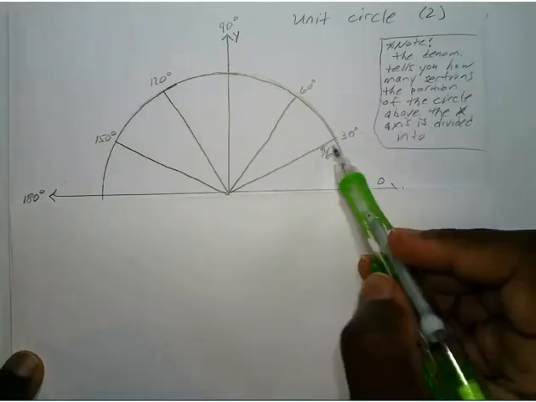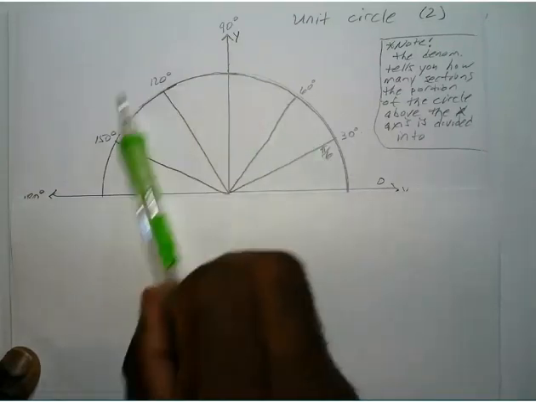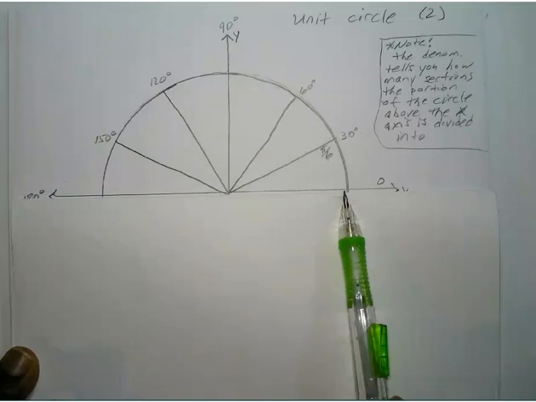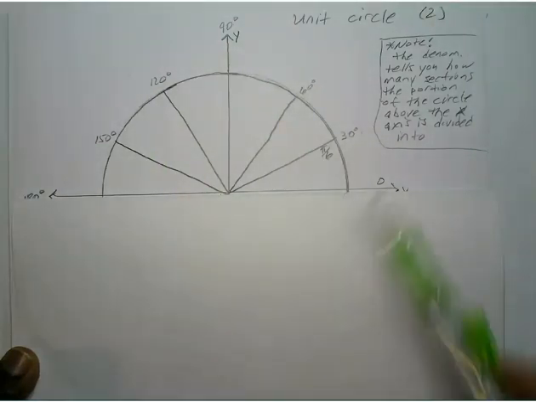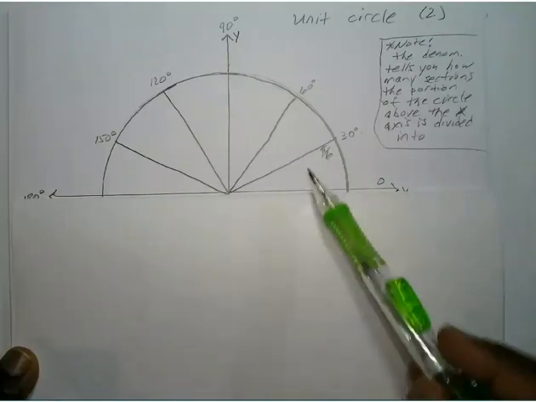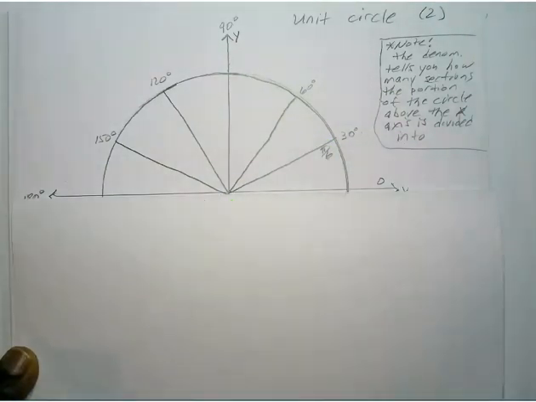If you had pi over 12, then above the x-axis it's divided into 12 sections. If you had pi over 8, it would be divided into 8 sections. Because we're doing every 30 degrees and we have pi over 6, we know this is divided into 1, 2, 3, 4, 5, 6.